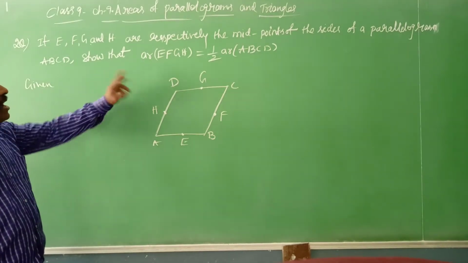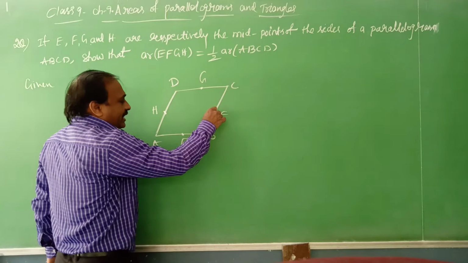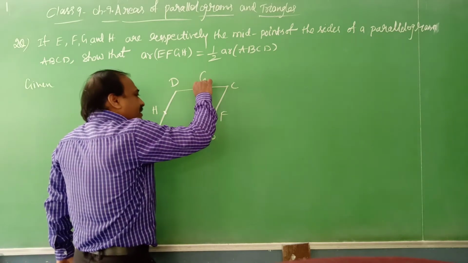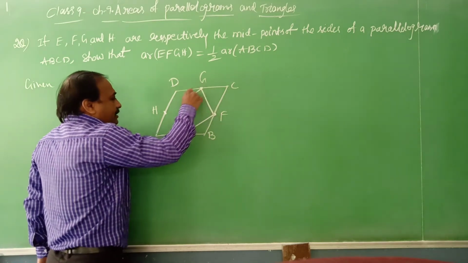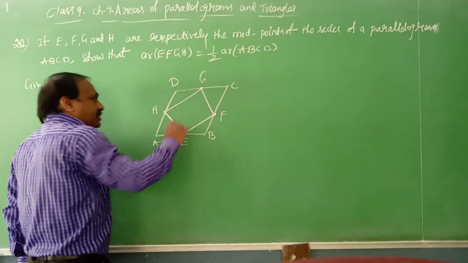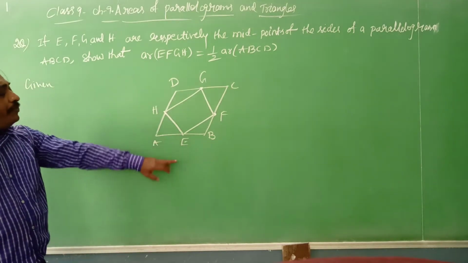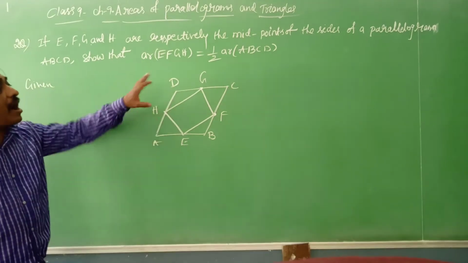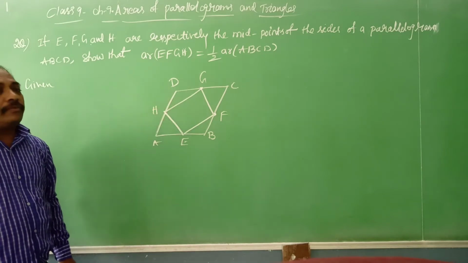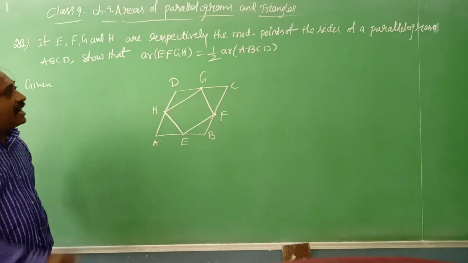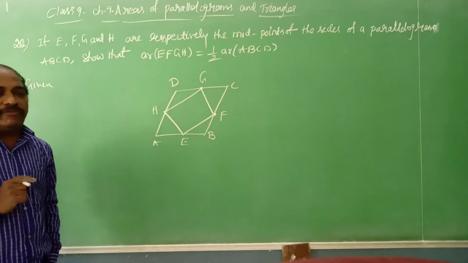Now join EF, FG, GH and HE. The area of EFGH is half of the area of parallelogram ABCD. We have to prove it.